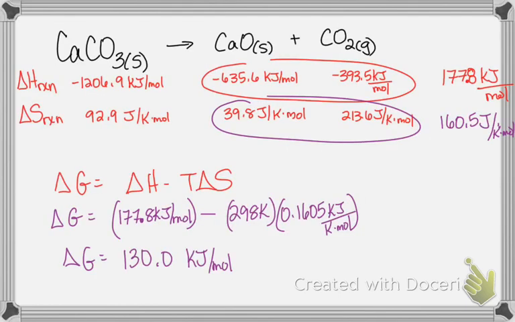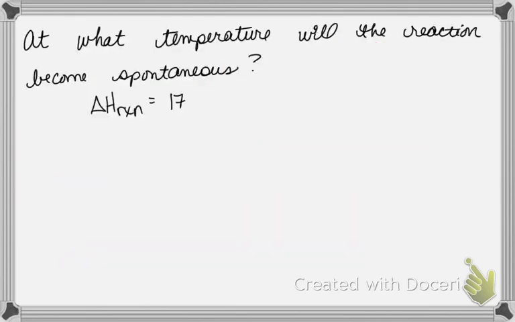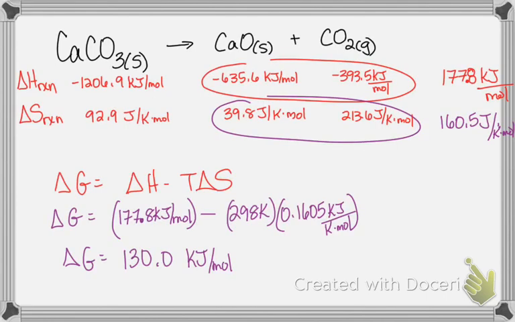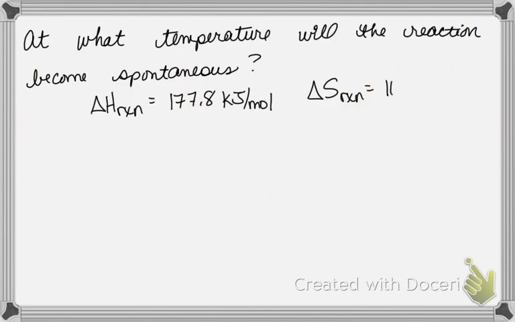The delta H for the reaction is 177.8 kilojoules per mole. The delta S for the reaction is 160.5 joules per Kelvin times mole. So we know going into it, they're both positive. It's got to be at high temperatures. Now, I'm going to derive what we have to do here because you know this formula.